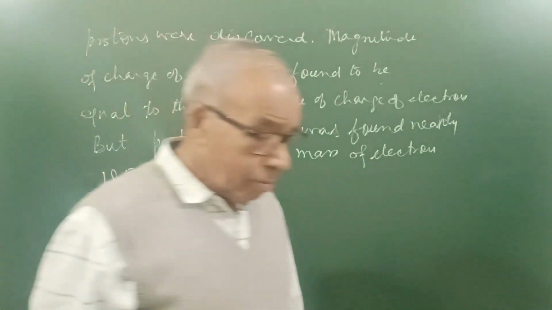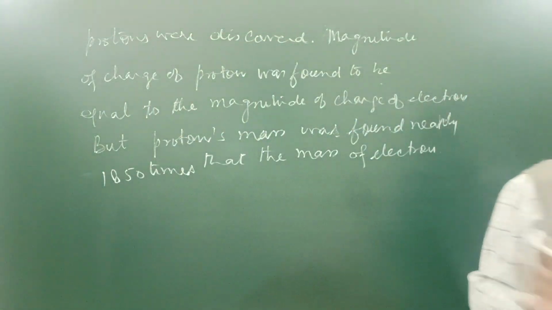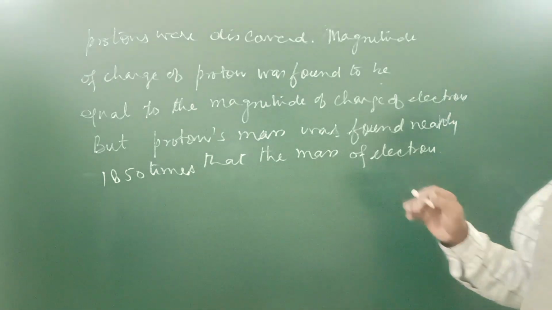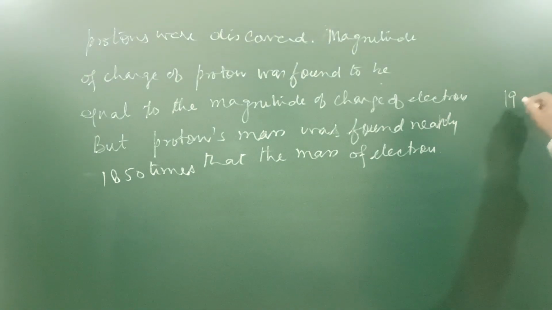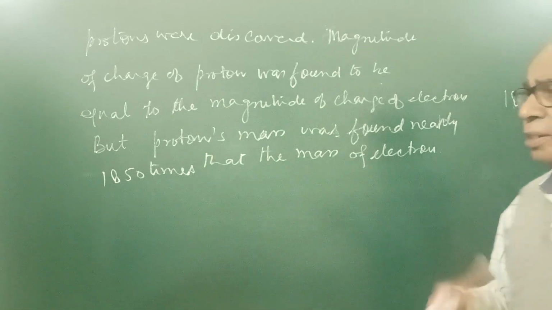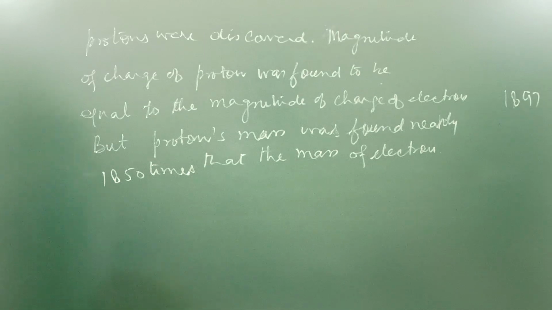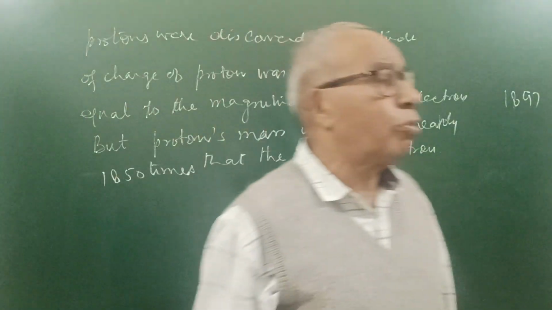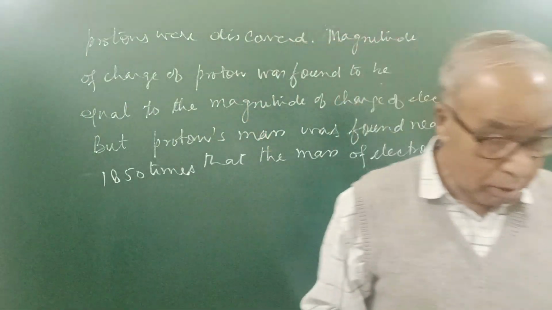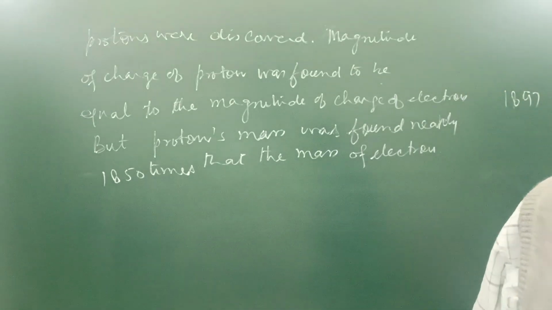So inside the atom, this fact was established in nearly 1897, that the atom is made up of electrons and protons. Electrons and protons are equal in number.